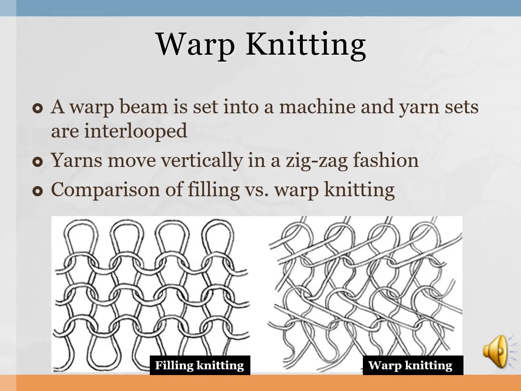It's a bit more uniform with the filling knitting on the left. And when you look on the right, you can see how a zigzag results from the yarns moving vertically. It's a bit less standardized, more haphazard in a way. Those pictures give you an idea of the difference between filling knitting and warp knitting.